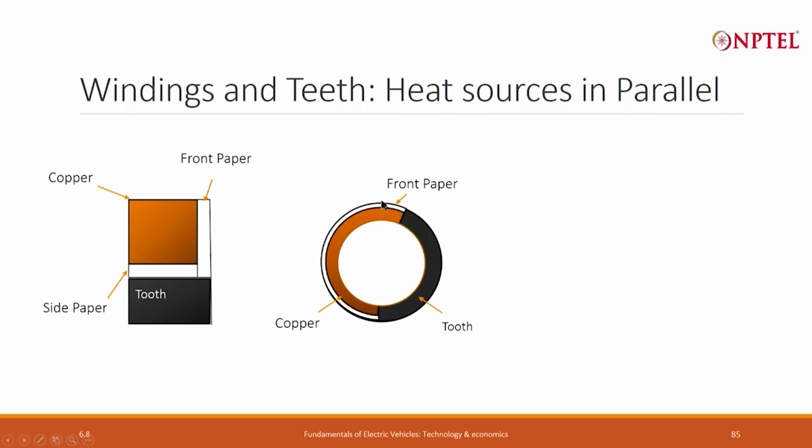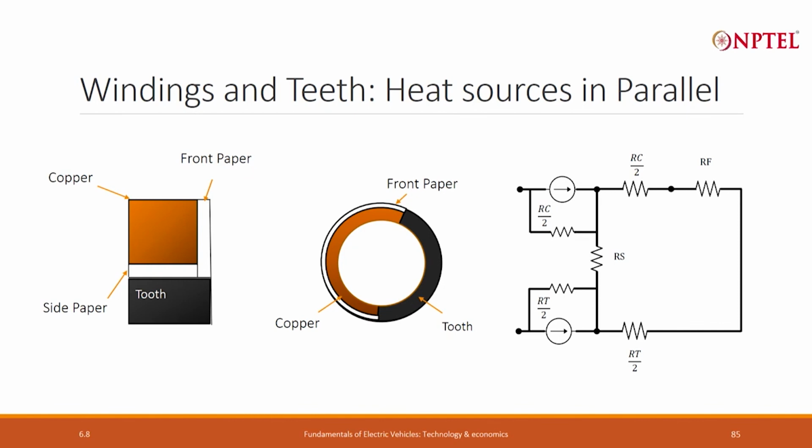And in addition, I will introduce a paper over here. There is also paper in between, but its dimension will not be equal to this. This is a very small dimension. Its dimension will be equal to the ratio between this length and this length. Okay, so I have not shown that in this diagram, but we will use that in our modeling.